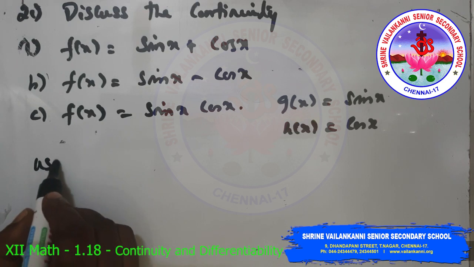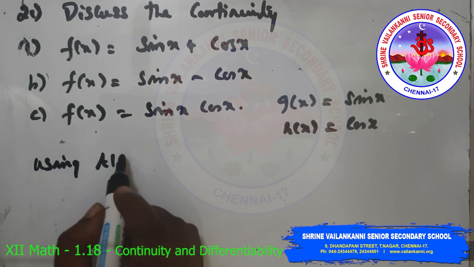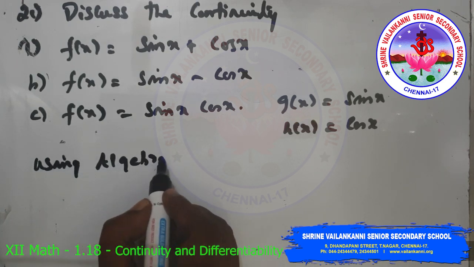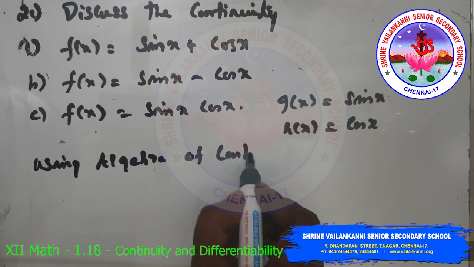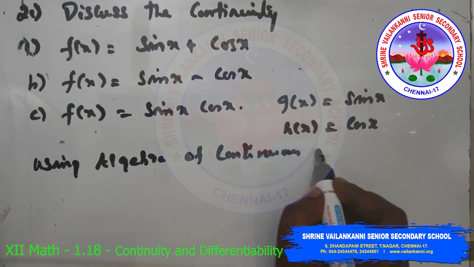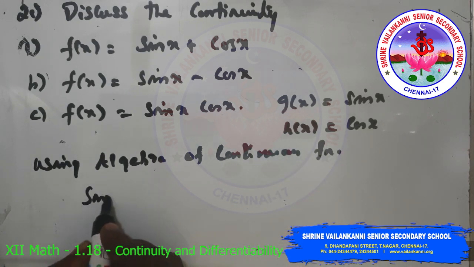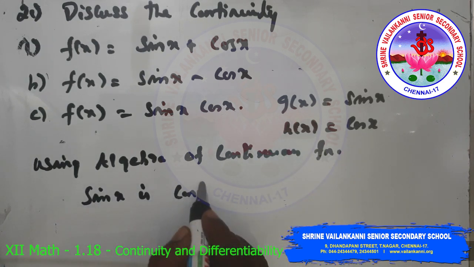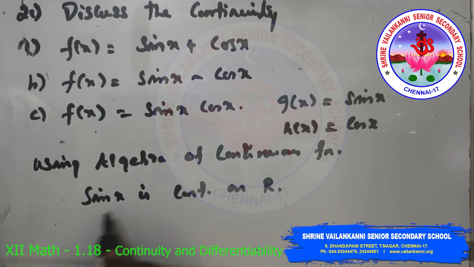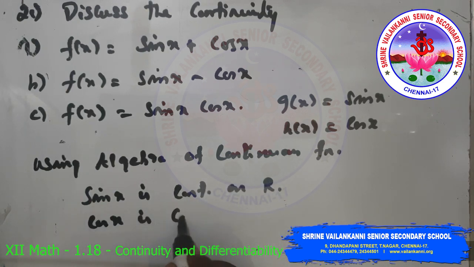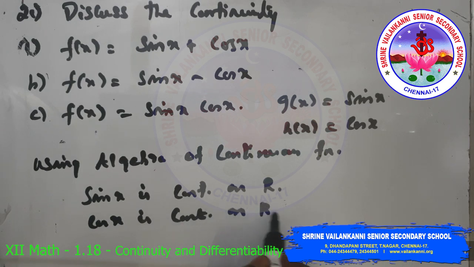So using algebra of continuous functions, here sin x is continuous on real numbers and cos x is continuous on real numbers.